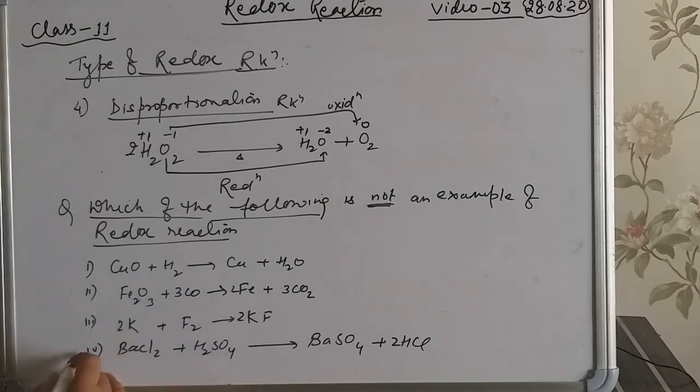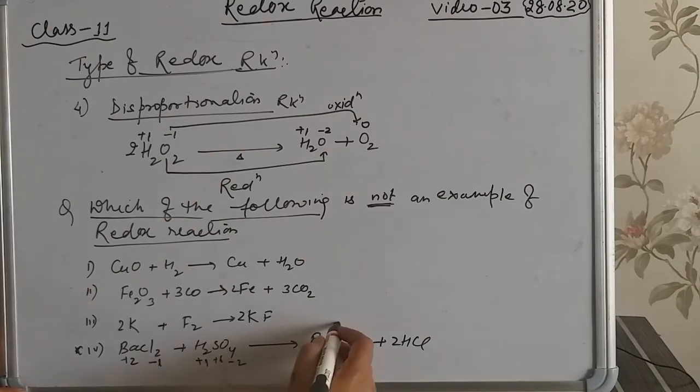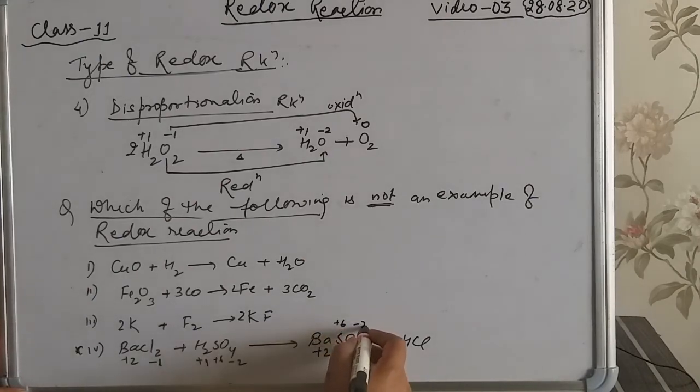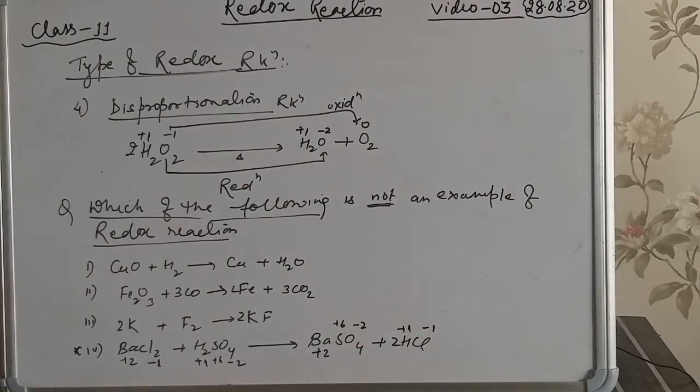Among the four, this particular one is not an example of redox reaction, because when you put the oxidation numbers in all the places: barium +2, chlorine -1, hydrogen +1, sulfur +6, oxygen -2. On the product side barium is +2, sulfur +6, oxygen -2, hydrogen +1, chlorine -1.